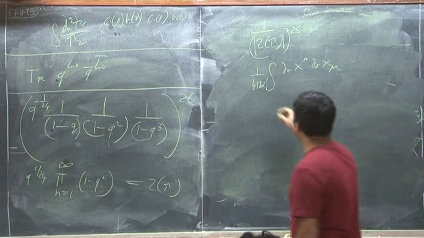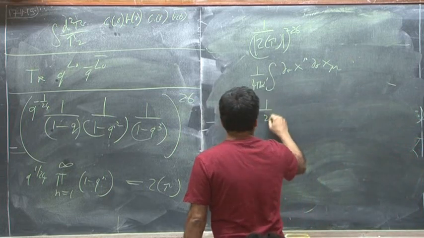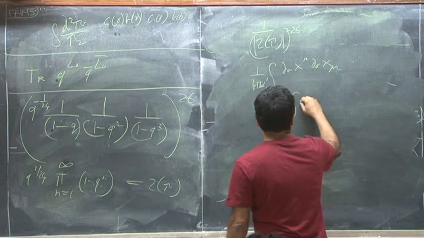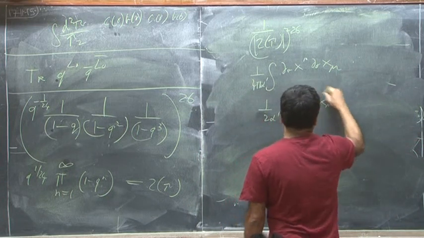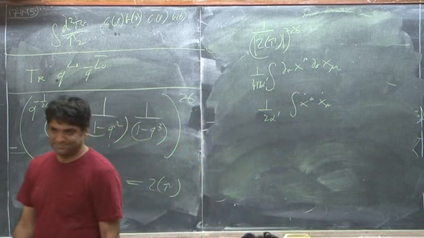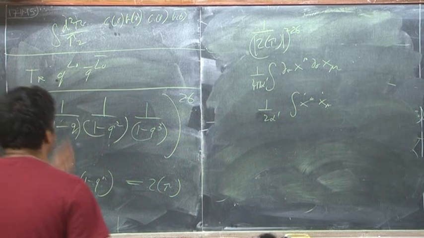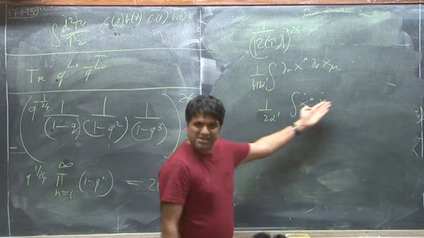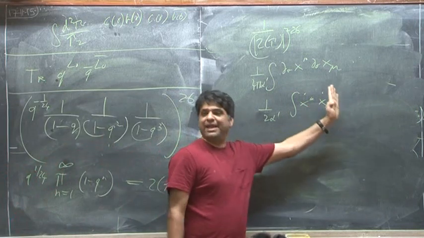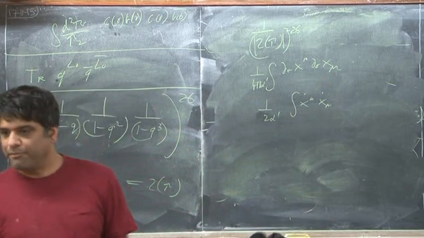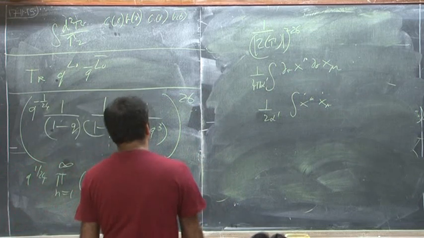Focus on zero modes, this becomes 1 by 2 alpha prime, so you do 2 pi, x^μ dot squared. Okay? Let's take any one of these x^μ's. What is this? This is the action for a non-relativistic particle of mass 1 by alpha prime.